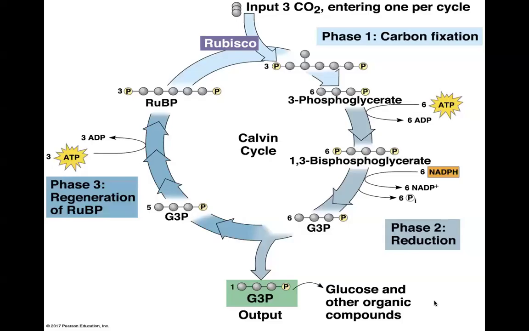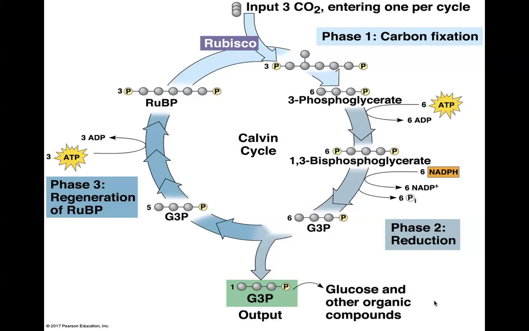This diagram here outlines the Calvin cycle. Once again, I don't want you to get too involved in understanding the overall structure of these compounds. However, I would like you to understand what is going on with the carbons and some important carbon structures such as RuBP and G3P.